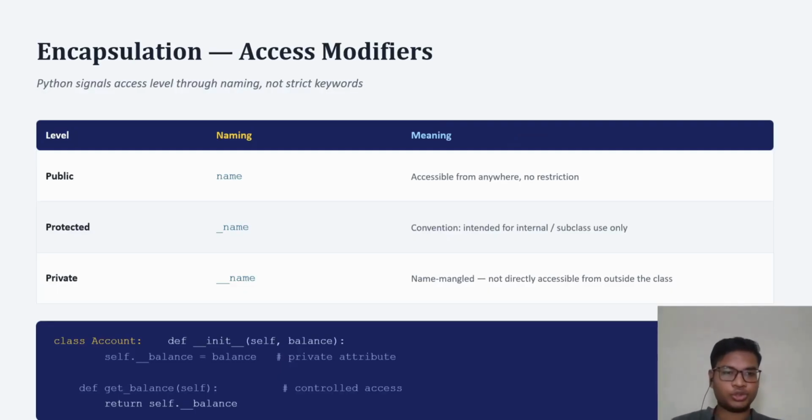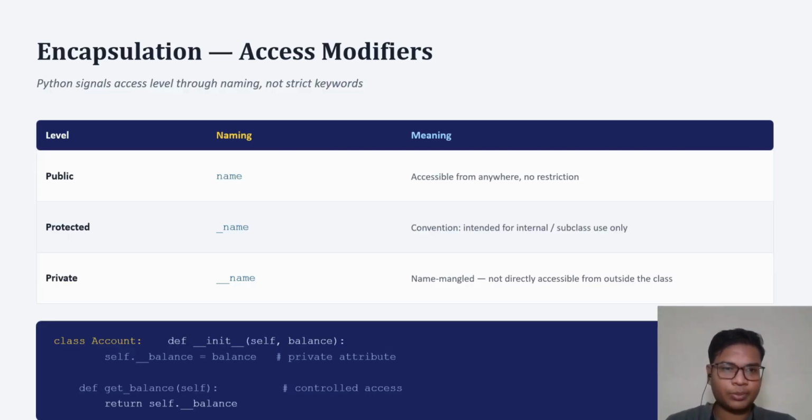So now we have what are known as encapsulation access modifiers. Python signals access level through naming, not strict keywords. We have some levels, naming, and meanings.